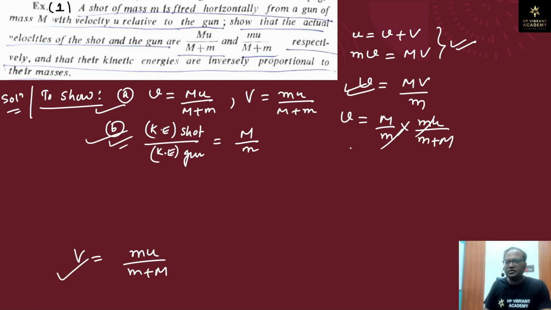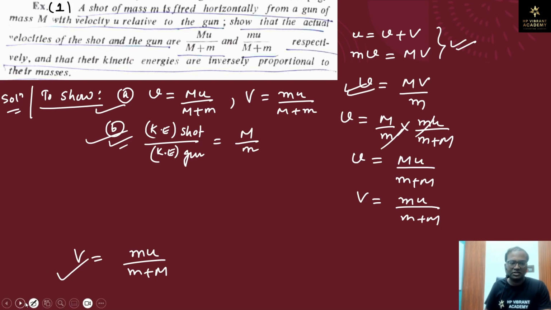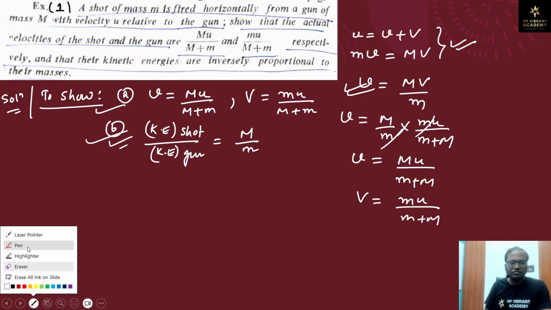So we have small v, that is the velocity of shell, equal to capital M u upon small m plus capital M, and capital V is equal to small m u upon small m plus capital M. Let us take the ratio of their kinetic energies.